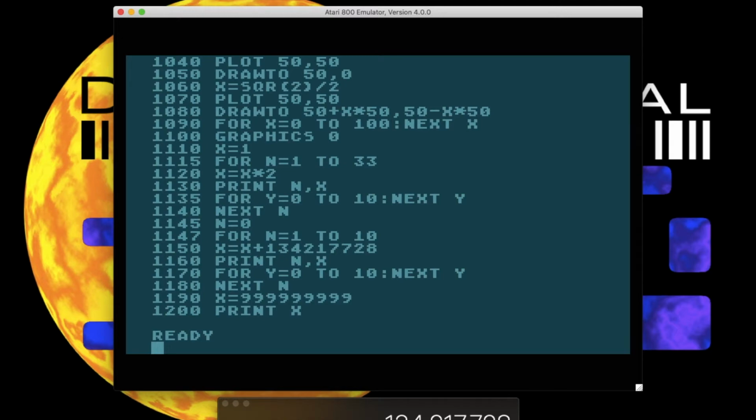So finding the square root without the square root function, because it's going to mess with our number theory. 9 digits over 9 digits. We'll get a more accurate square root than the Atari BASIC will give us, but let's see.